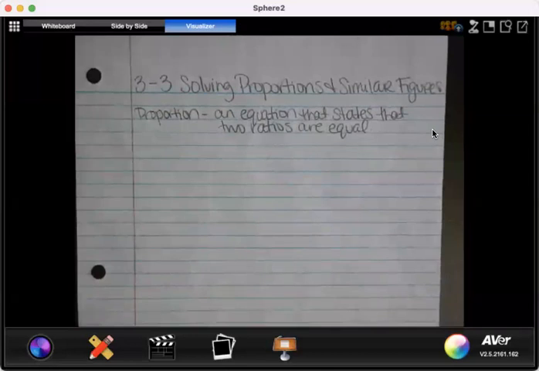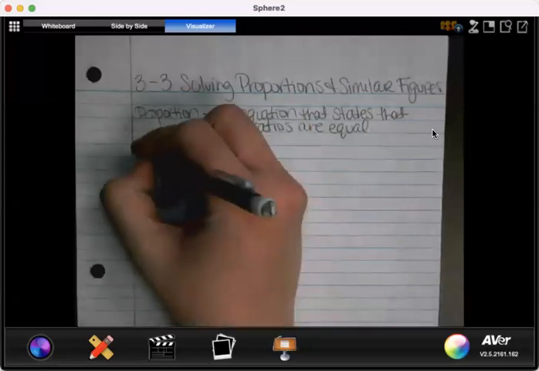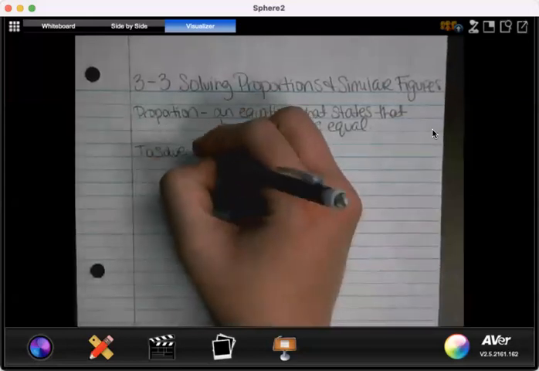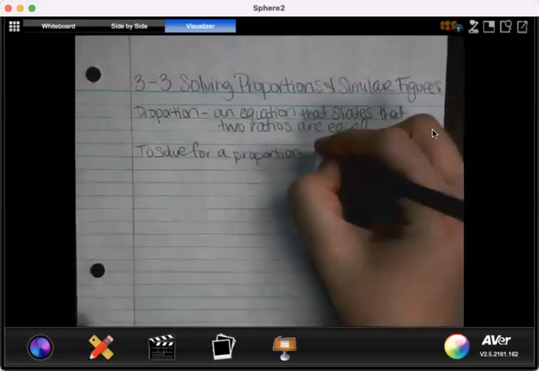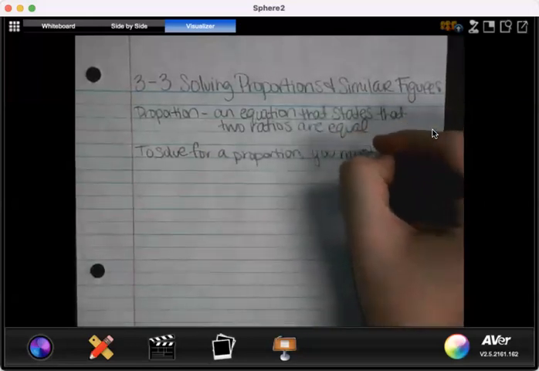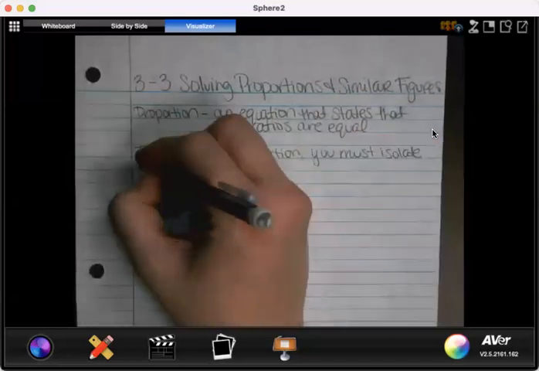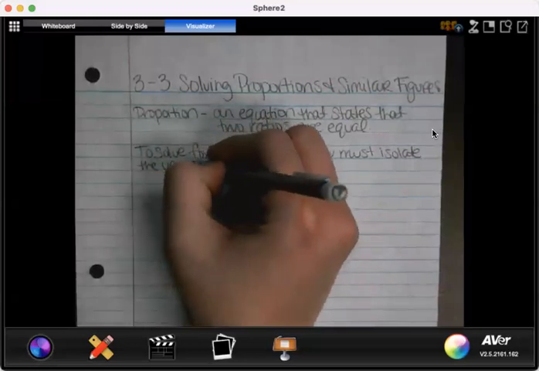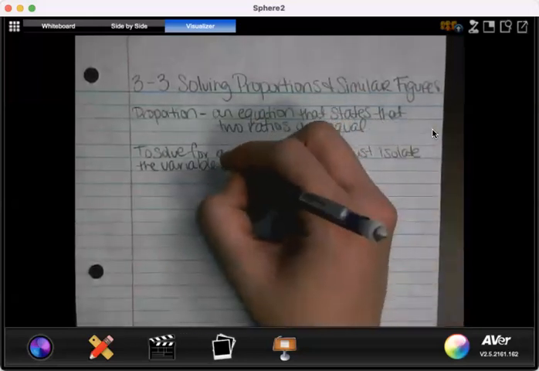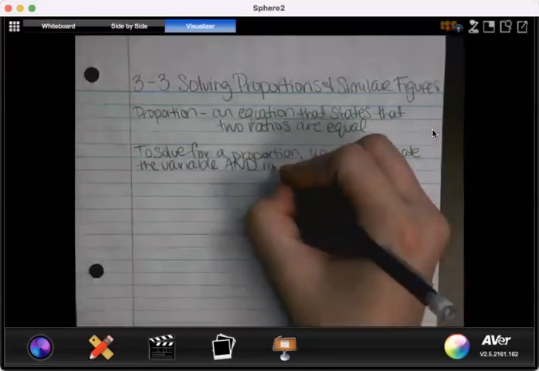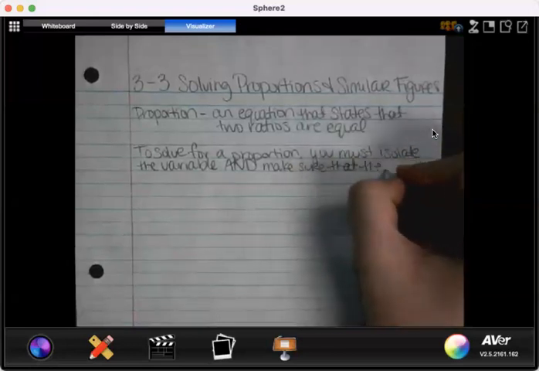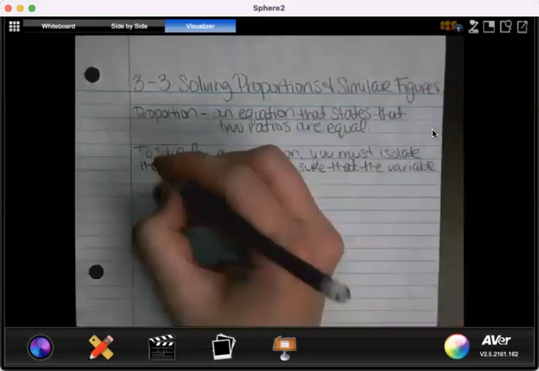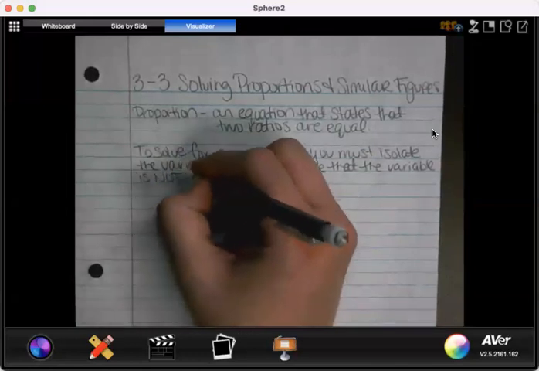And so the instructions that we are going to follow state that to solve for a proportion, you must isolate the variable and make sure that the variable is not in the denominator.